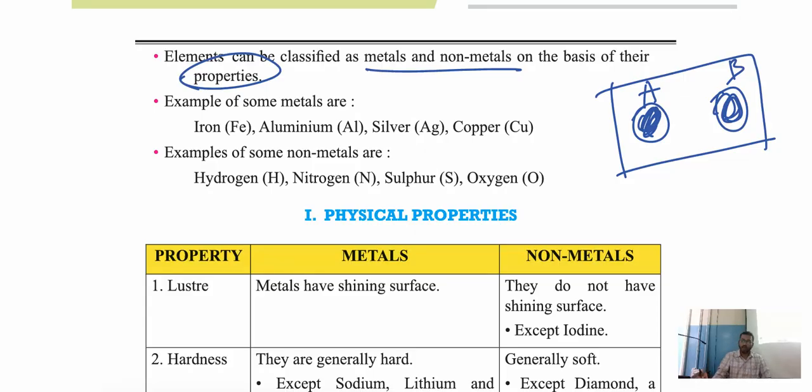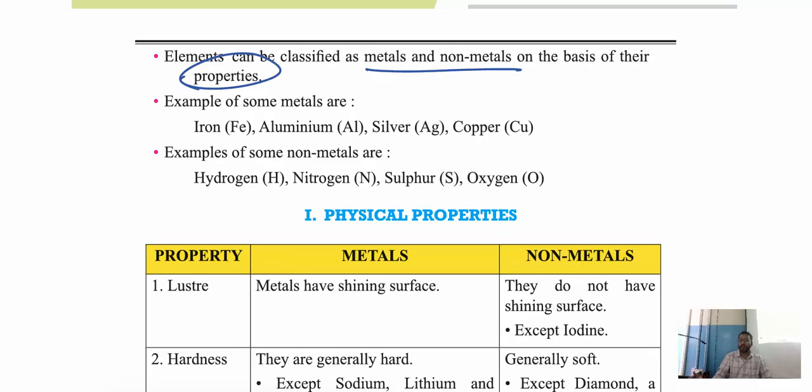Anyhow, we are not going deep into the periodic table in this chapter. Here we are just going to discuss what is a metal and what is a non-metal and also their properties, and how metals behave when they react with other elements, and how non-metals behave when they react with other elements. That is what we are going to study in this chapter.